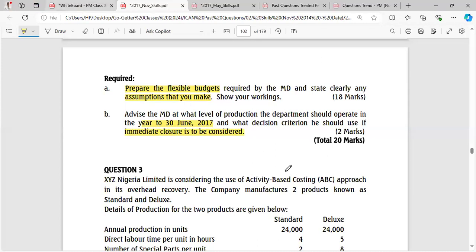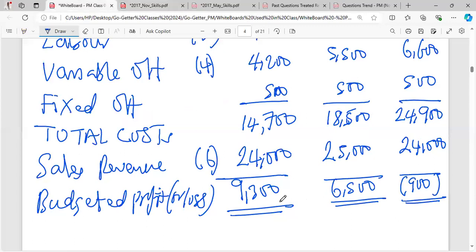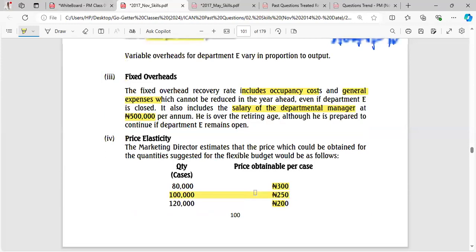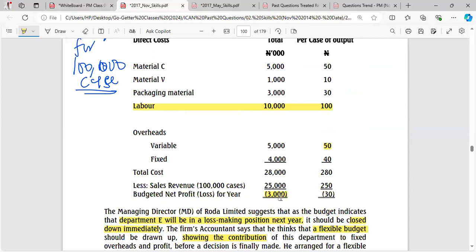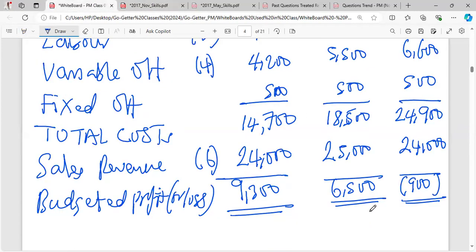So we can see here that we are not in a loss-making position to the tune of 3,600,000 or 3 million as we made before. When they produce 100,000 cases, we had a loss of 3 million. But when we did relevant costing, we had a profit of 6.5 million, right?